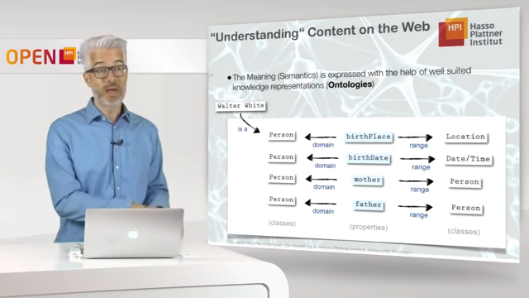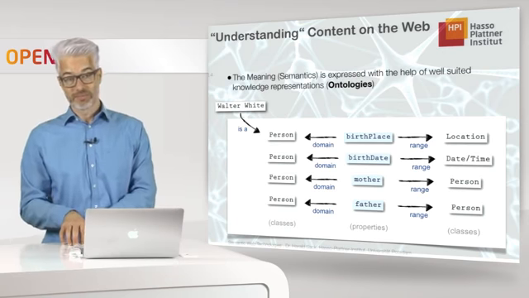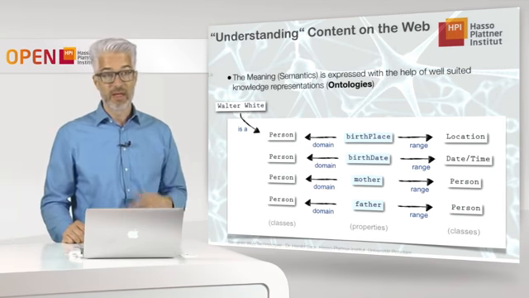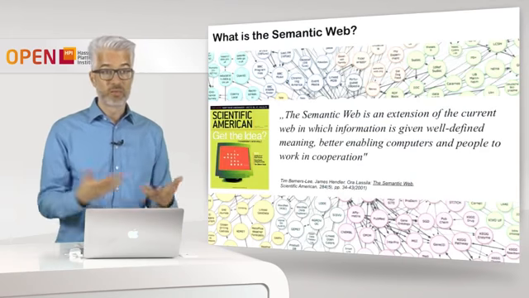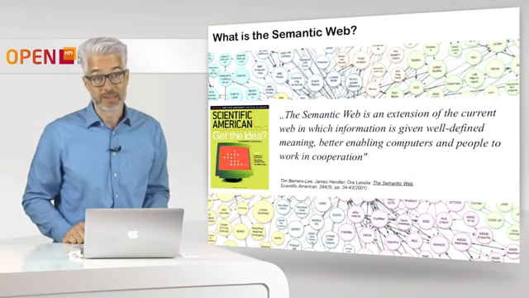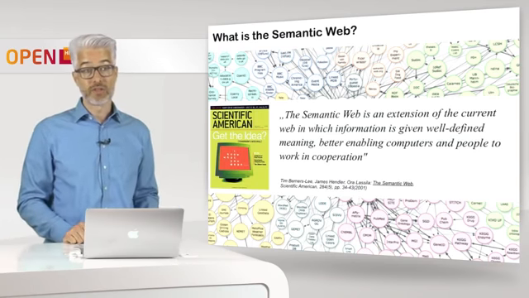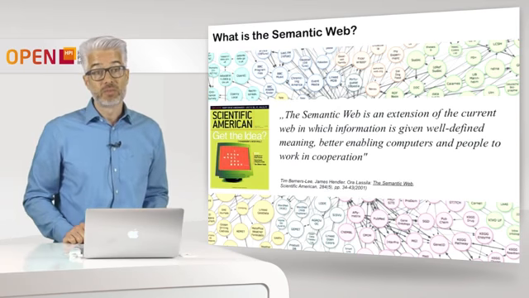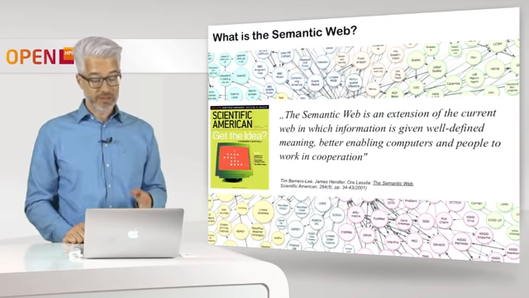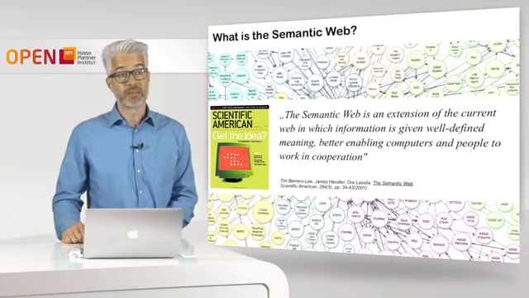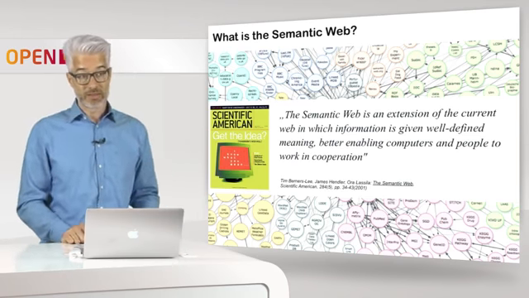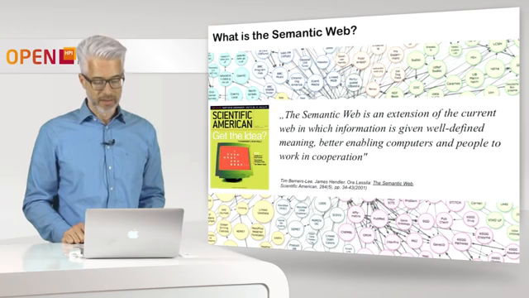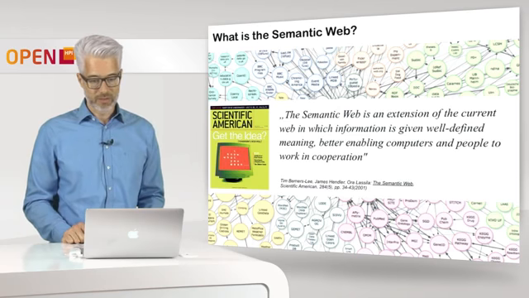So if you make this knowledge explicit with semantic web technologies, then you create something which people about 10 years ago called the semantic web, which is an extension of the current web in which information is given well-defined meaning, better enabling computers and people to work in cooperation. There is a great article about the beginnings and the vision of the semantic web in the Scientific American, and you can read this article in the material that we give together with the course.